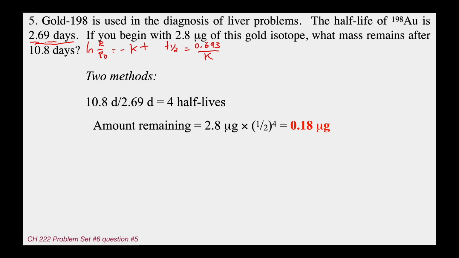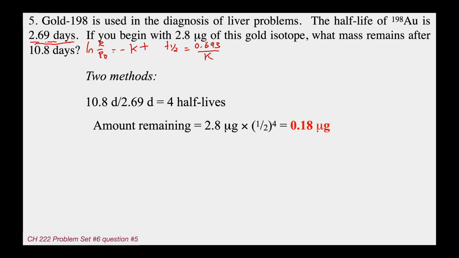Another way to think about it: if you started with 2.8 micrograms, you would go down to 1.4 after 1 half-life, then 0.7 after 2, 0.35 after 3, and half of that is 0.175, which rounds to 0.18.